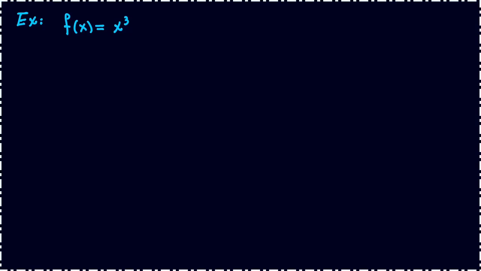We're going to let g of x be f inverse of x. So I'm doing this again for convenience to avoid writing that notation, the -1. The question here is to find g prime of 8.